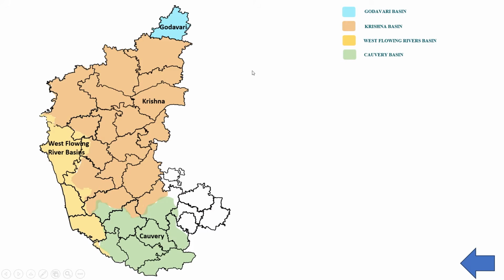To the south, we have Kaveri River Basin, followed by North Pennar, South Pennar, and Palar, all emerging from Nandidurg ranges. So basically, we can divide the river basins into these 6 to 7 basins: Godavari, Krishna, west flowing rivers, Kaveri, and Pennar and Palar rivers.